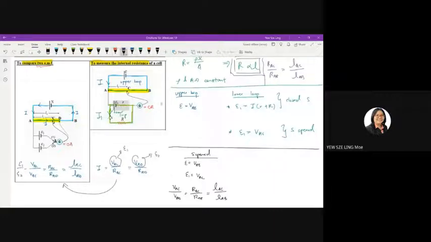So when S is closed, again in this upper loop, we have EMF equals VAB. But now in this lower loop, we have EMF1 equals V across the external resistor, VR, plus V terminal.